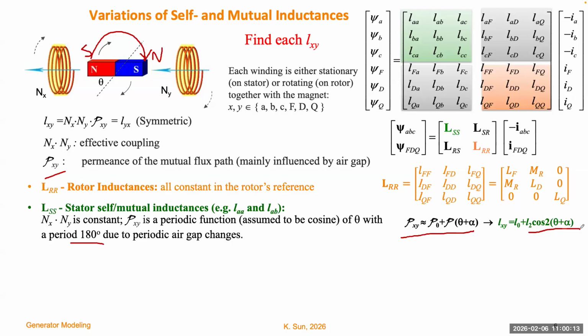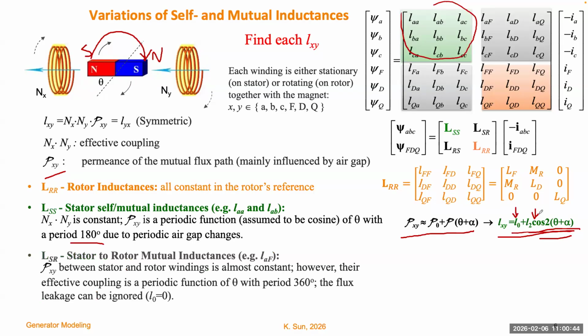If we assume the change is sinusoidal, this function will have 180 degrees as its period. So for anything in this green box, they all have the same form: a constant term plus some periodic term, and the periodic term will have 180 degrees as the period.